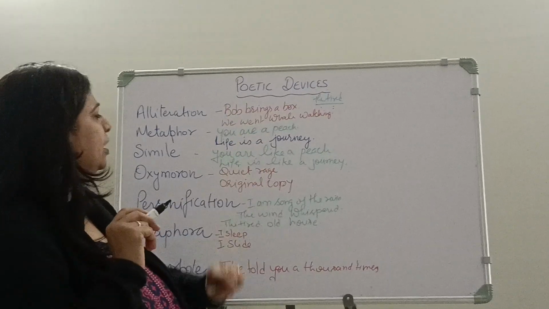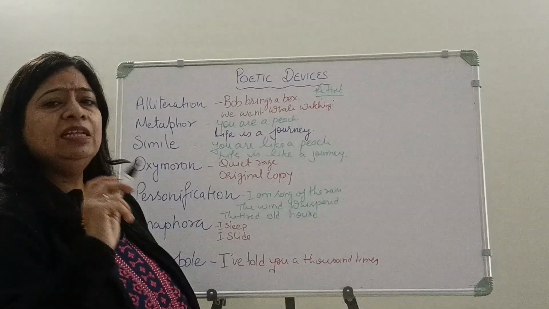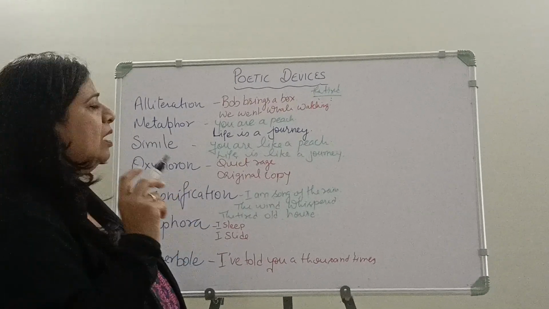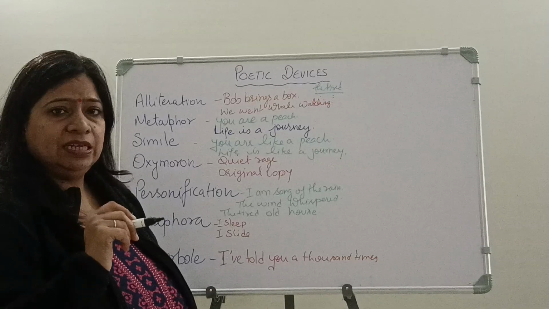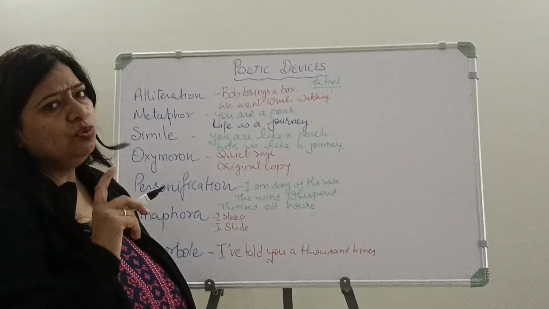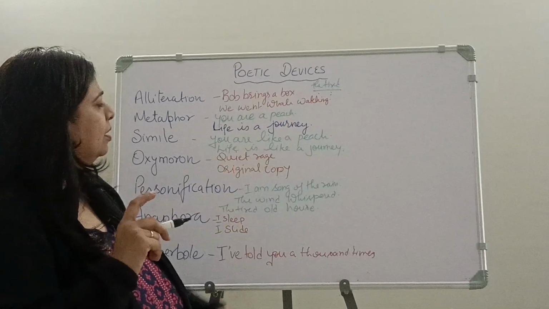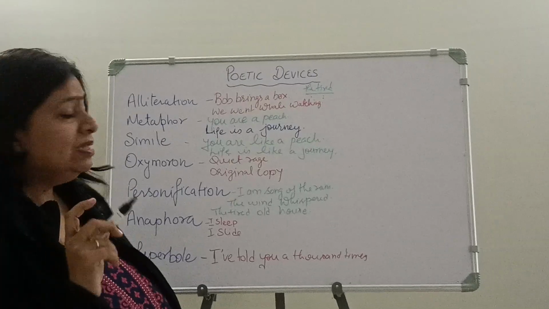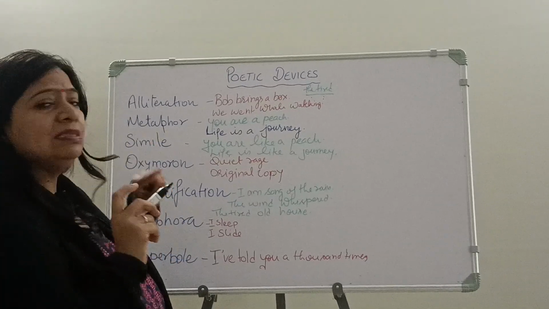Life is a journey. Life is compared to journey. So the sentence could be life is like a journey. But because like word is not there, as such word is not there, so we have metaphor here. The same sentences I have taken for simile, because simile is also for comparison.